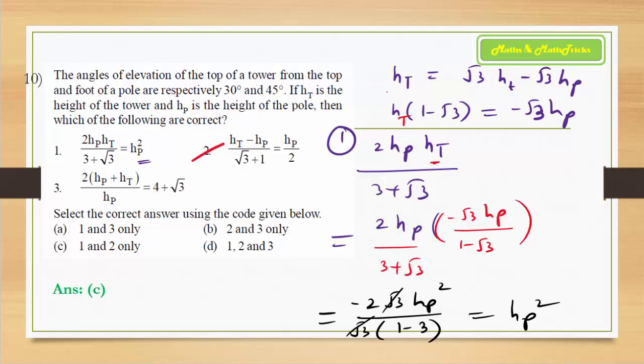You can simply handle the equation that we have obtained to see that (HT minus HP) upon (root 3 plus 1) is equal to HP by 2. You can just verify by taking the LHS and substituting the value of HT so that you get it in terms of HP, and hence the answer is option C.